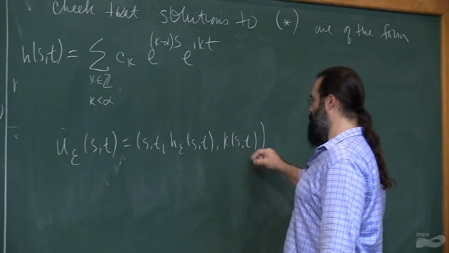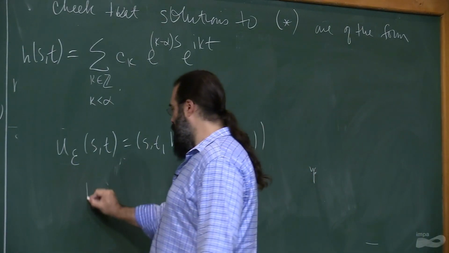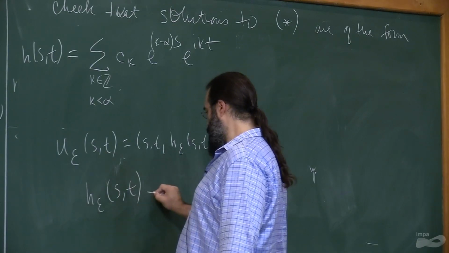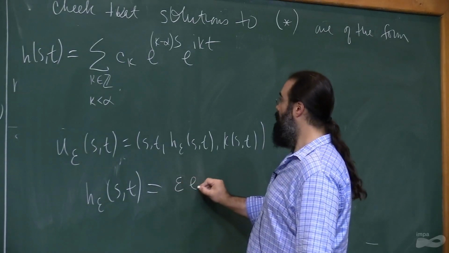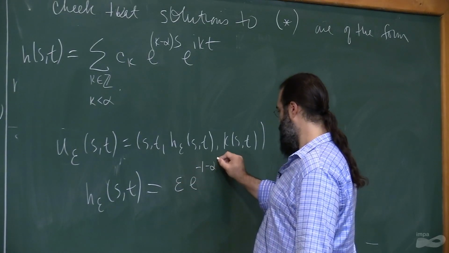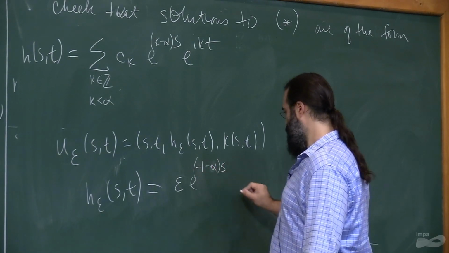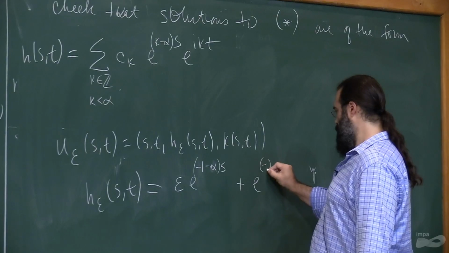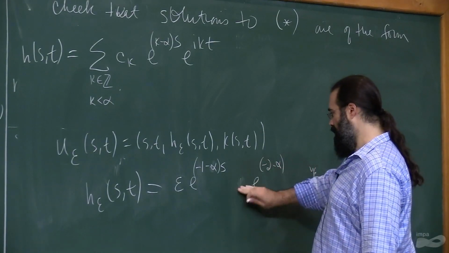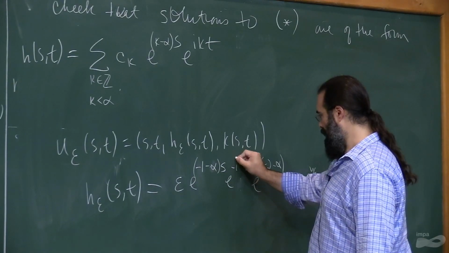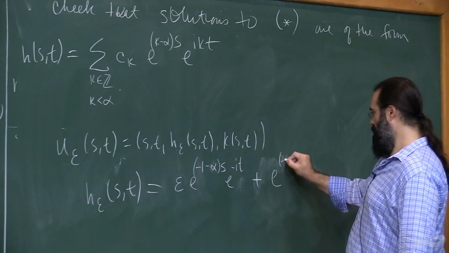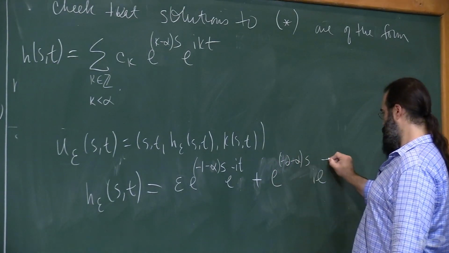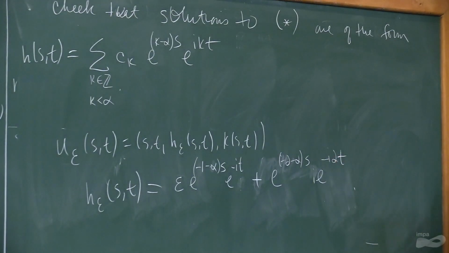So let's say we just picked a solution k, and now h epsilon will be, anything of this form works. So I'm going to put epsilon e to the (minus 1 minus alpha) s plus epsilon e to the (minus 2 minus alpha) s, I left something off here, e to the minus I t, and then plus e to the (minus 2 minus alpha) s e to the minus I 2t. Okay, so that's a sum of that form.